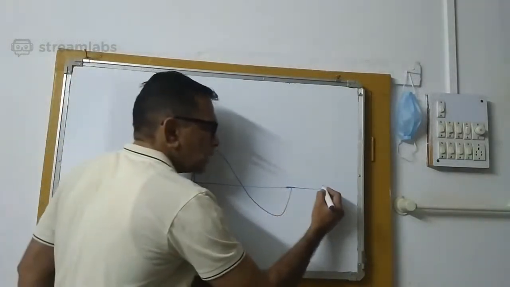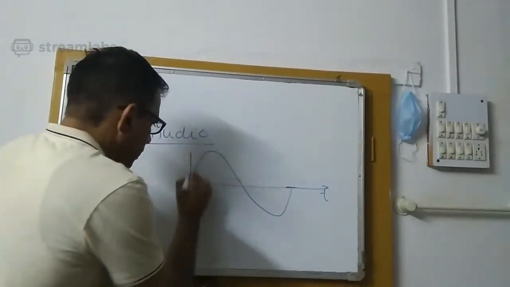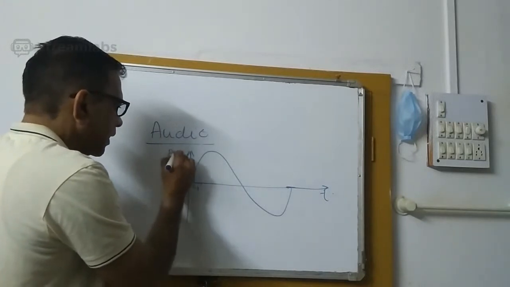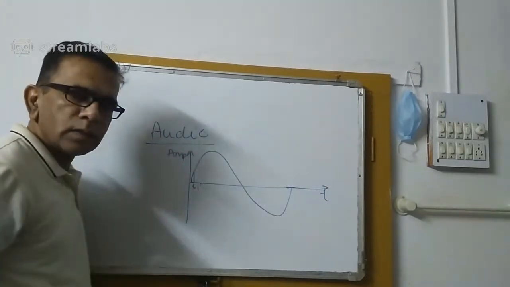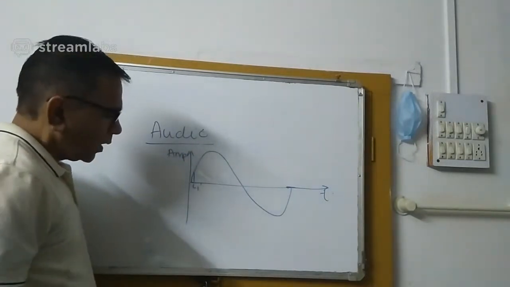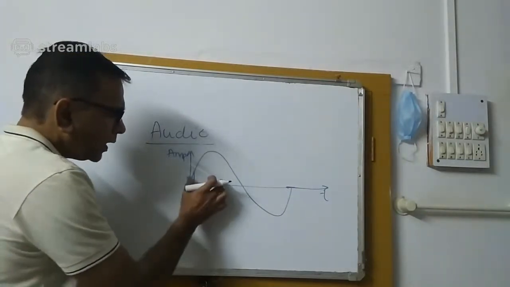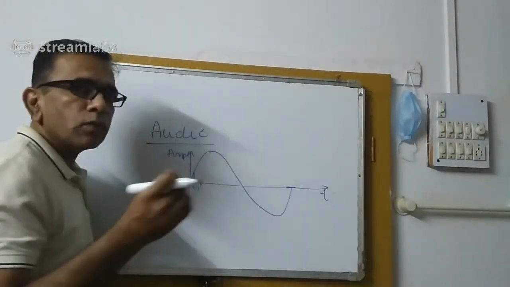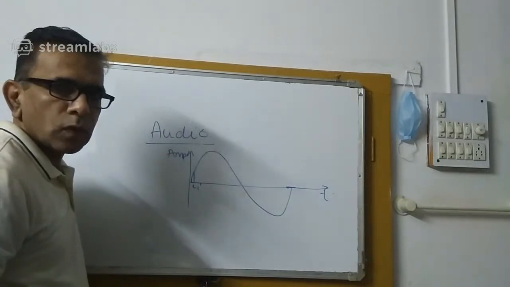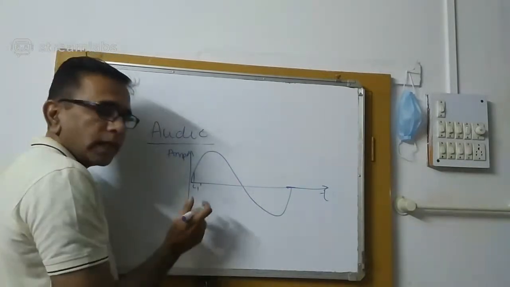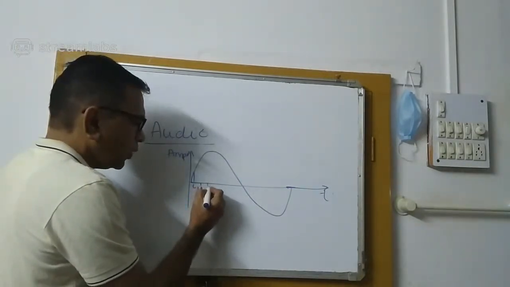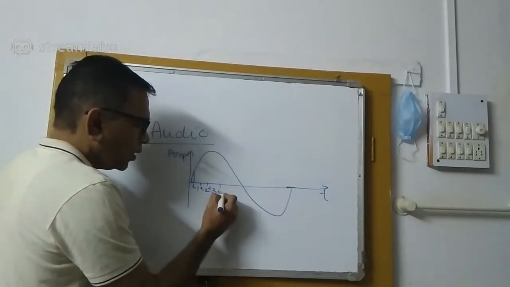On this axis we represent time, and on this axis we represent the amplitude of the signal. Now you divide this timeline into small intervals of equal size, t1, t2, t3, t4, and so on.